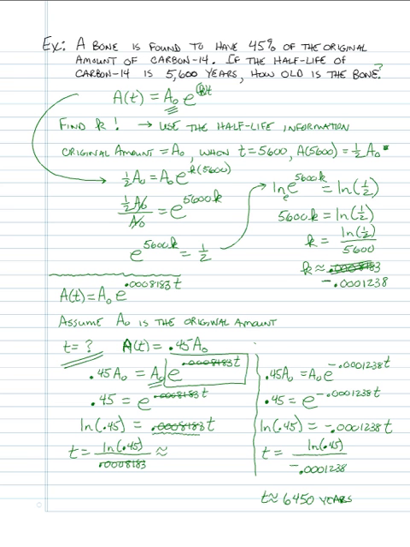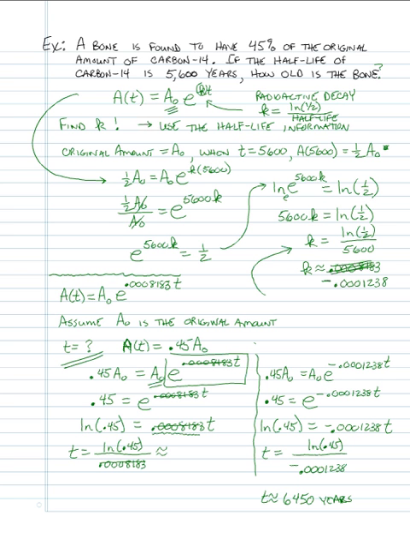Okay, let me remember when I talked about radioactive decay at the very beginning, and I said in the case of radioactive decay, the K value in the model is the natural log of 1/2 divided by the half-life number.